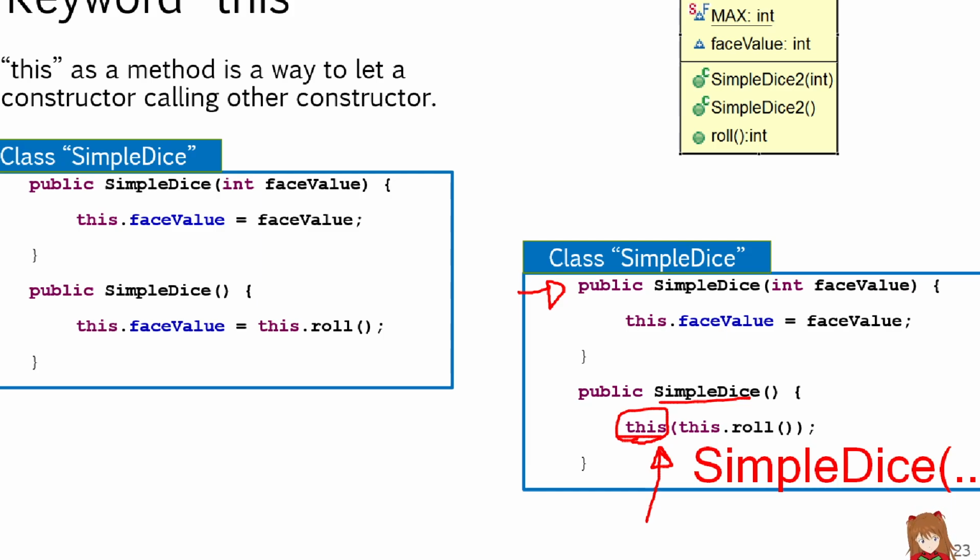Inside a constructor, if you want to call another constructor, you cannot just write the constructor name. By syntax, you have to use the keyword this.